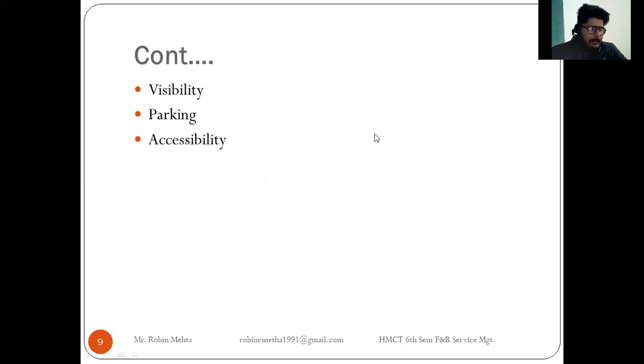Okay, next, we are continuing the previous slide: visibility, parking, and accessibility. Again, if you are looking at why the previous owner left that restaurant, you have to check these points also. Visibility: what will be the visibility over there? Accessibility: how easily can people come there, even if they are not familiar with that place?